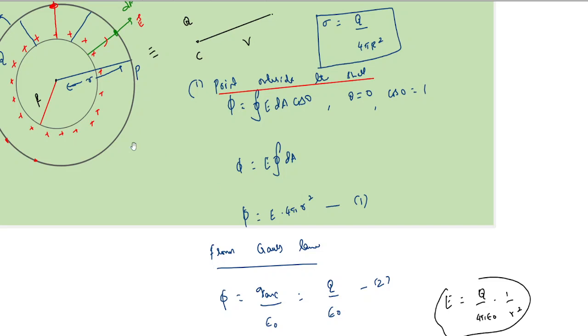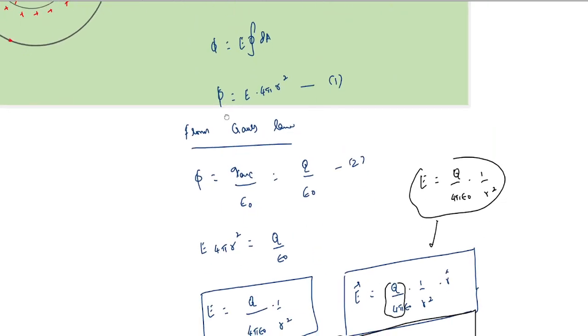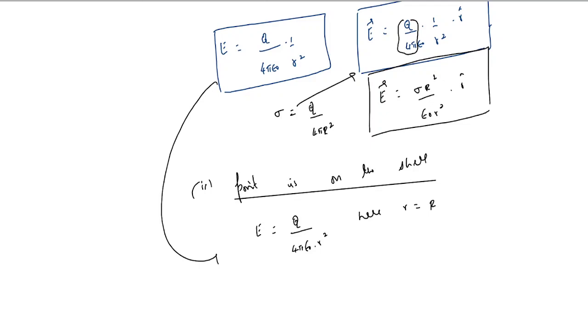So when we want to find the field on the shell itself, then small r in this case becomes equal to capital R. In fact, it's very close to capital R, not exactly. So technically you should write it tending to capital R, because on the shell the value is not defined. But most books will write small r is equal to capital R. The actual meaning is it's very close to it but not on it.